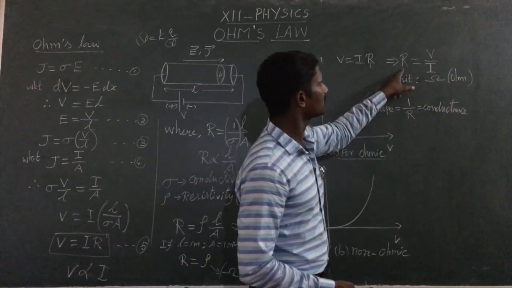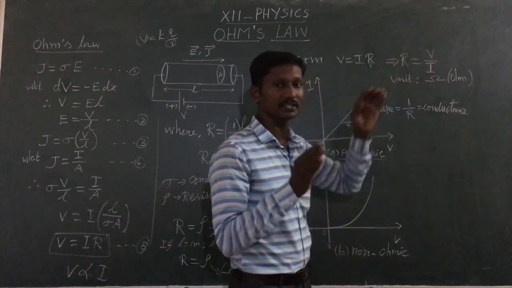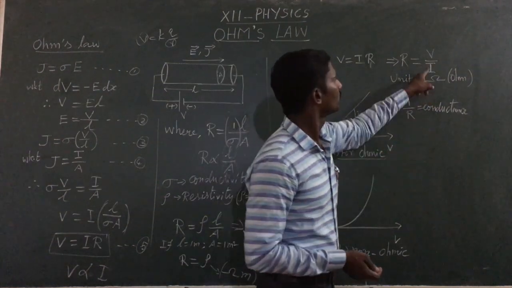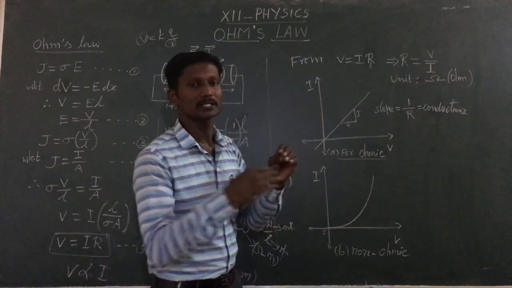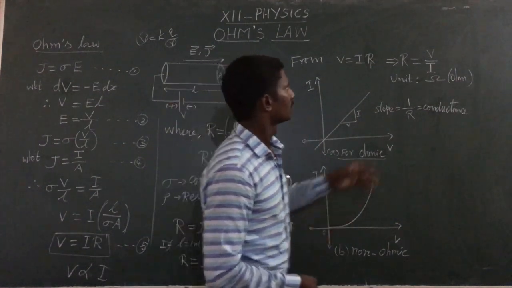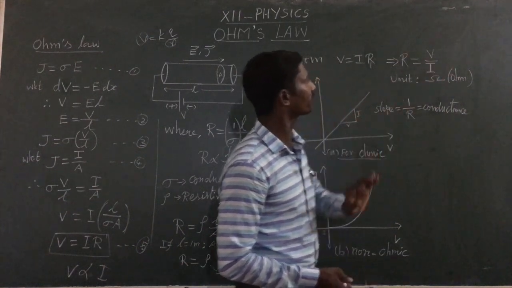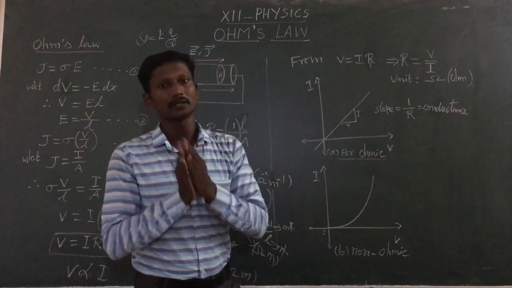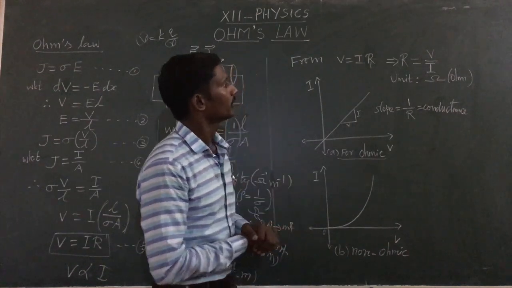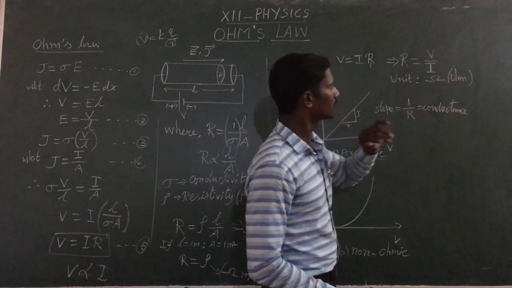So resistance is defined as the ratio of potential difference across the conductor to the current flowing through the conductor. Its unit is ohm, that is OHM.